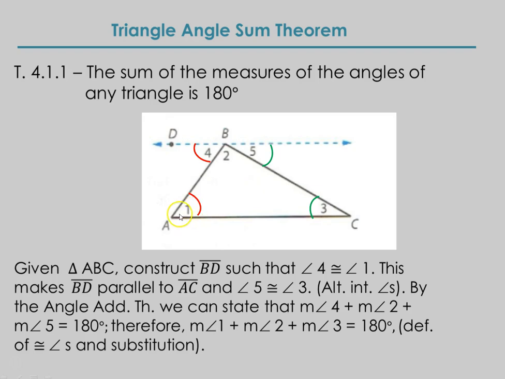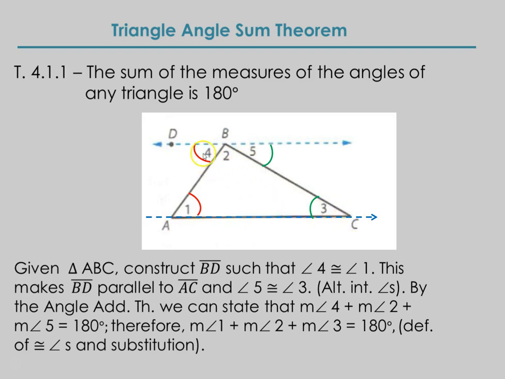And in this construction, which is the proof of this theorem, they actually say draw line BD, or we can call it DB, so that angle 4 is congruent to angle 1. And the way that we do that, and if you look at these angles carefully, they should look familiar, is by making a line parallel to DB. So now we're going to draw line AC parallel to DB.